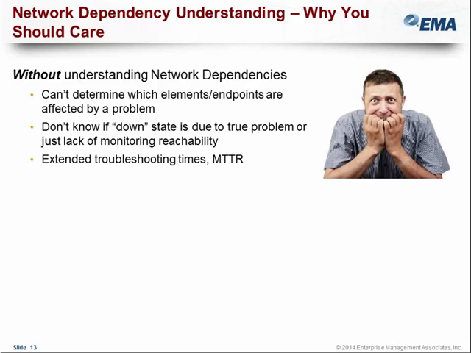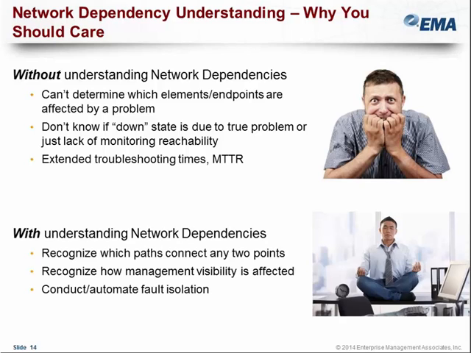You also won't necessarily be able to tell if something that appears to be disrupted or down to the management station is truly down or just simply not reachable by the management station. And the result is it takes longer to figure out where the source of a problem is, which means your troubleshooting takes longer, your mean time to restore or repair, and that doesn't help anyone.